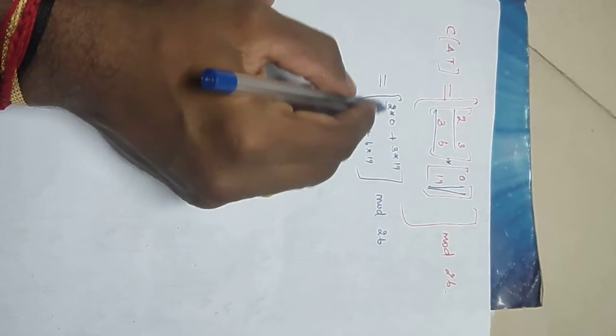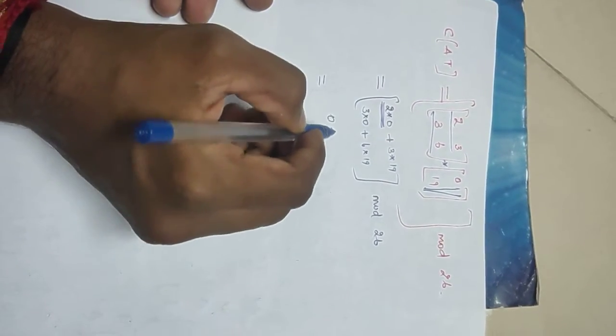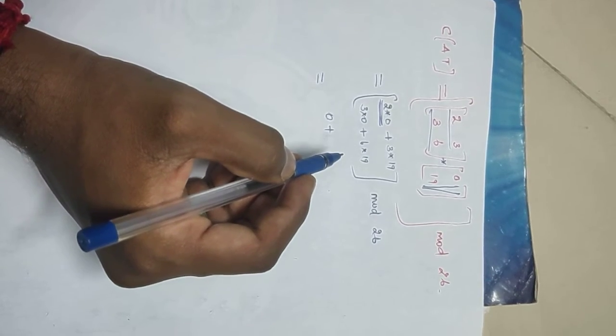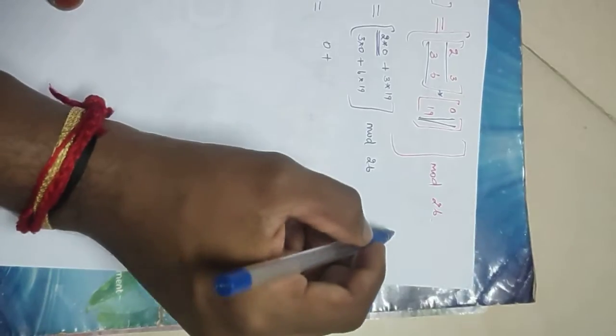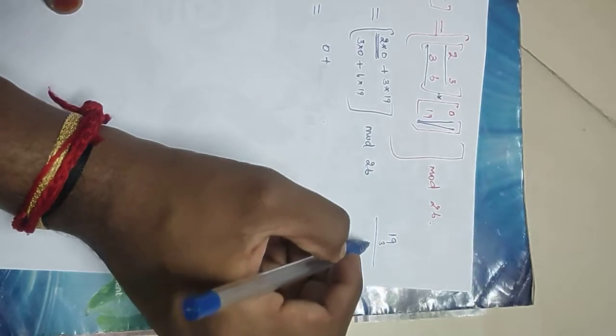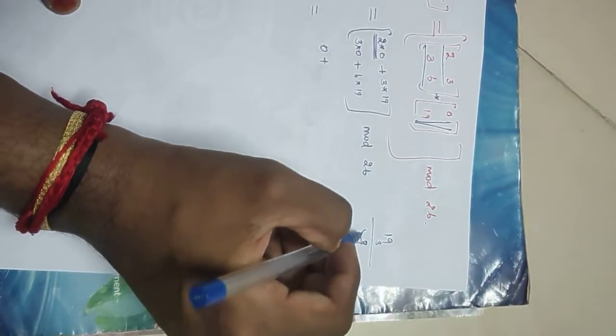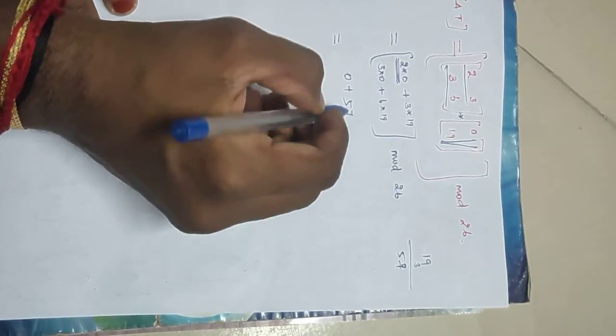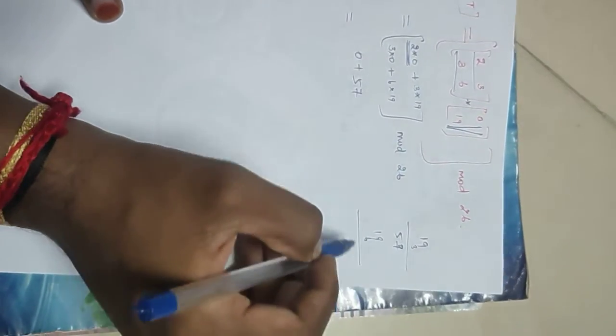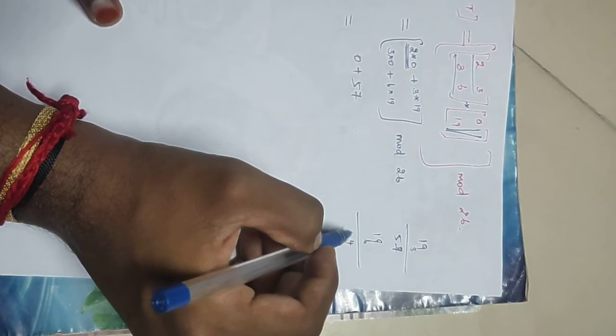Now what is the value here? 2 into 0 is 0, and 3 into 19 is 57. Then 3 into 0 is 0, and 6 into 19 is 114.